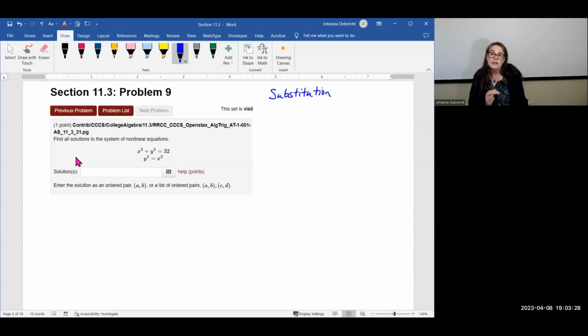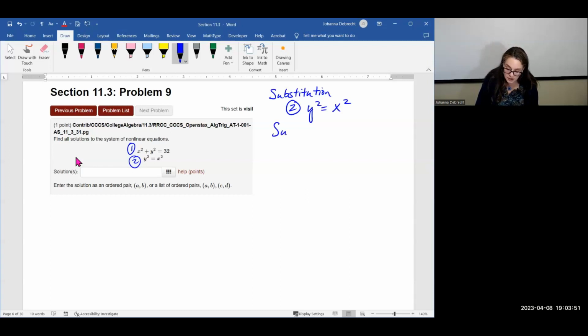Now, the only way that this will work is if both equations have an x squared or y squared. They both have x squared and they both have y squared. And I already have out of equation 2 that y squared equals x squared. So I'm going to use equation 2, y squared equals x squared. And you can use either direction.